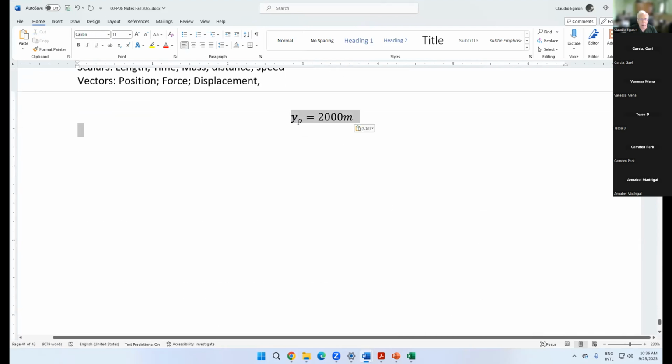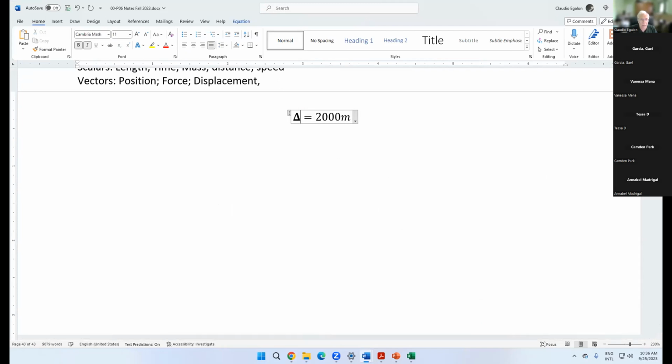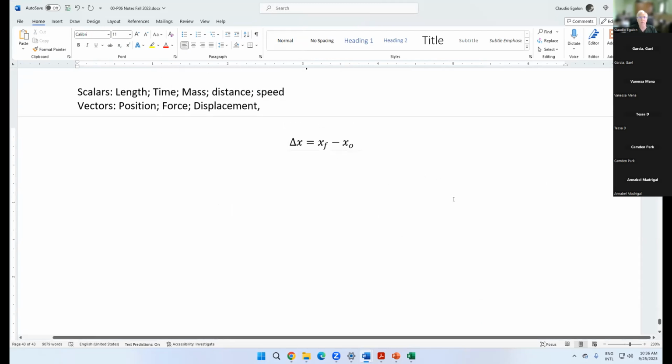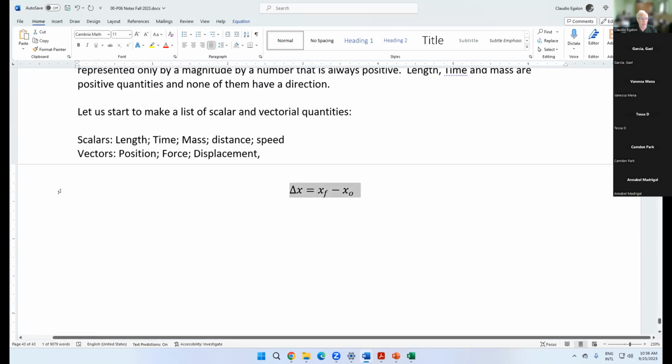Remember displacement, delta x, in one dimension. Delta x was final position minus initial position. But now we also have the displacement vector.